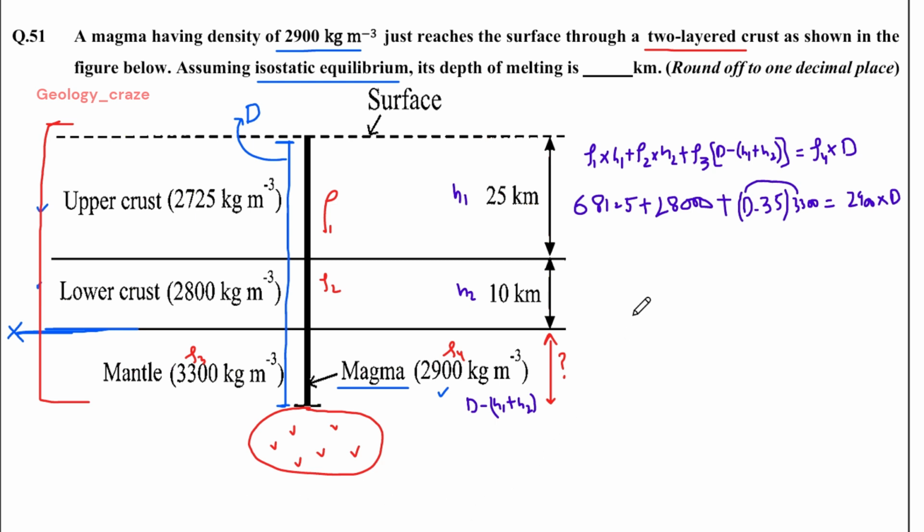We are getting 96125 after adding these two, plus this one, 3300 d, and we will get a minus sign here. See the word d. And if we multiply this 35 with this 33, we will get 115500, and this side we are getting d.